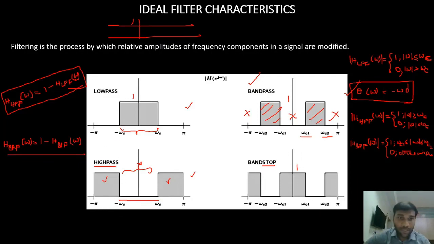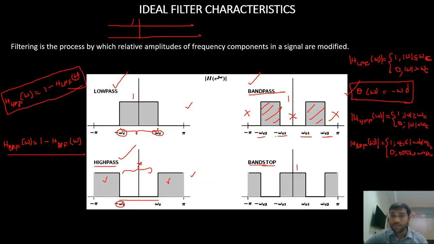So here omega c is the cutoff frequency for my low pass filter. Here also omega c is the cutoff frequency for the high pass filter. All frequencies less than omega c will be passed through in the low pass filter. All frequencies greater than omega c will be passed through in the high pass filter. Similarly, for band pass and band stop filters, we'll have two cutoff frequencies.